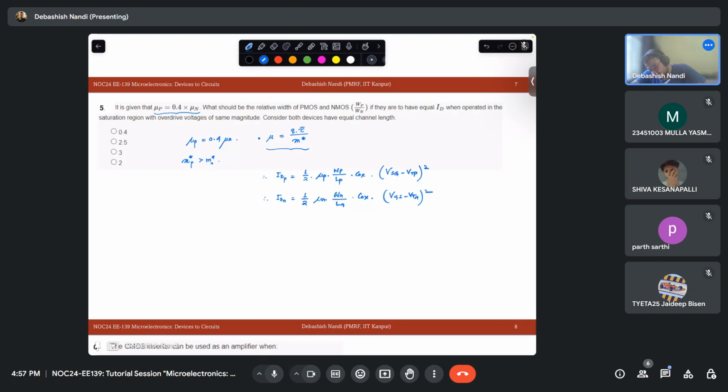Since they have to operate in the saturation region, we have used the saturation region equations.